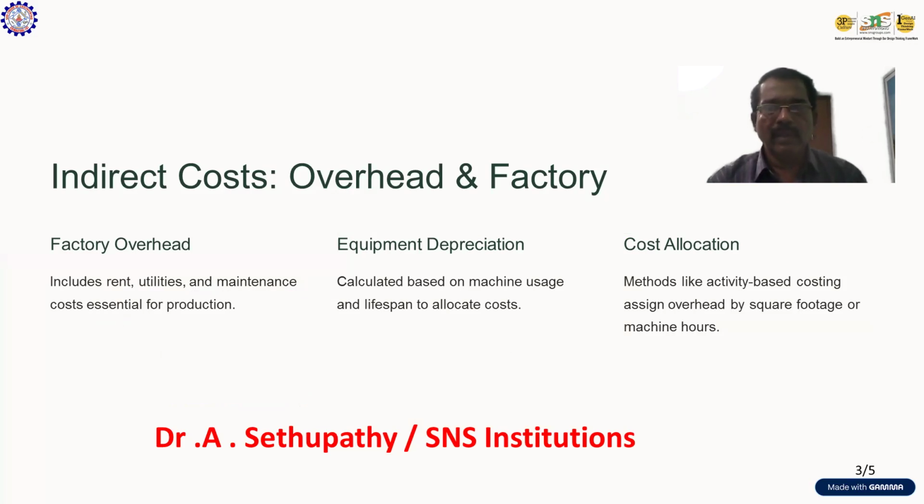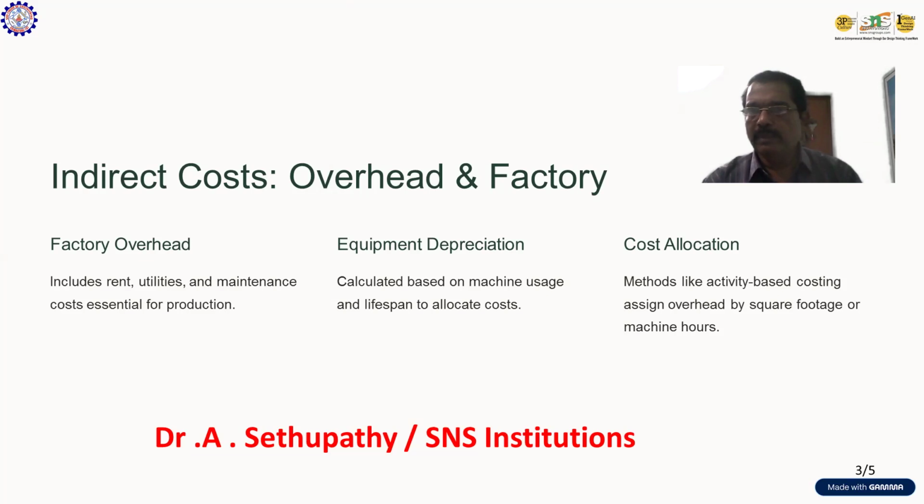If we are using a rented factory, paying the rent is one of the indirect costs. Then utilities, that is water, electricity, and this type of cost, and maintenance costs, that is machine maintenance, replacing parts or replacing worn-out ones. So these are all the factory overhead costs under indirect costs.